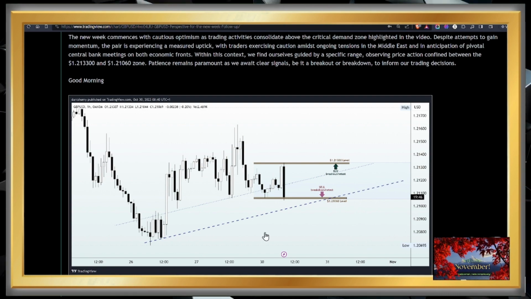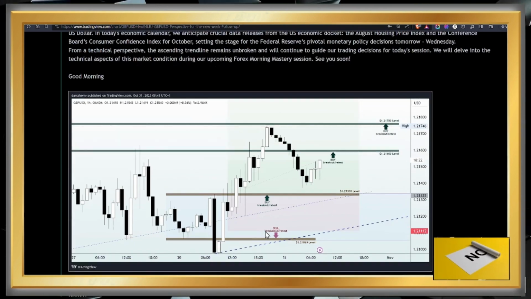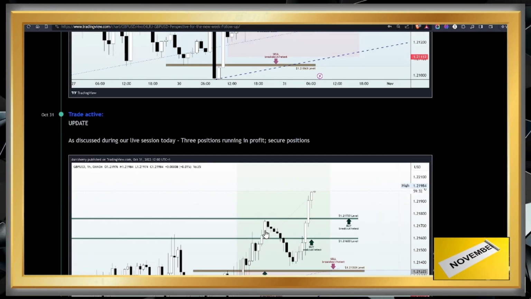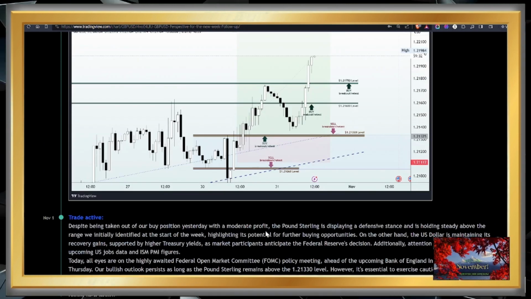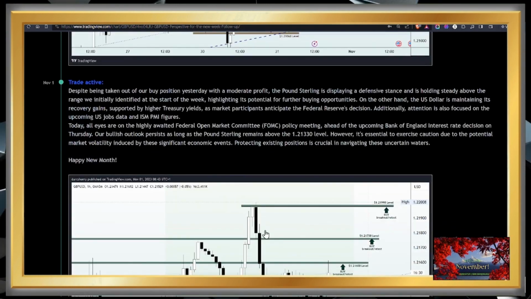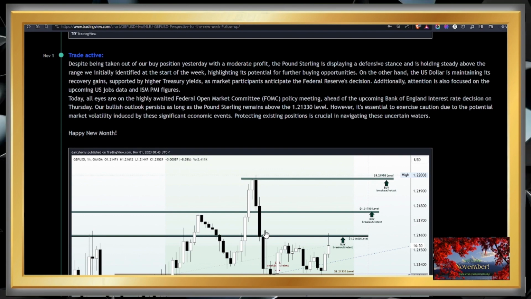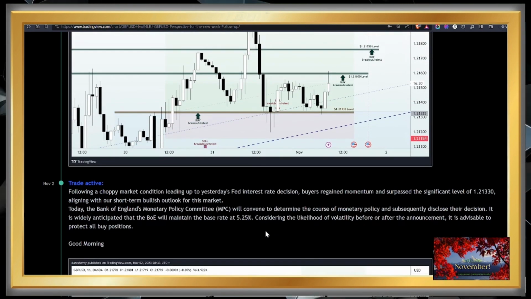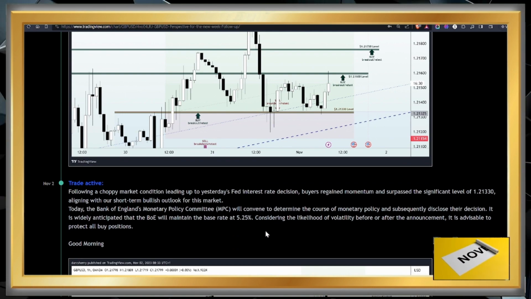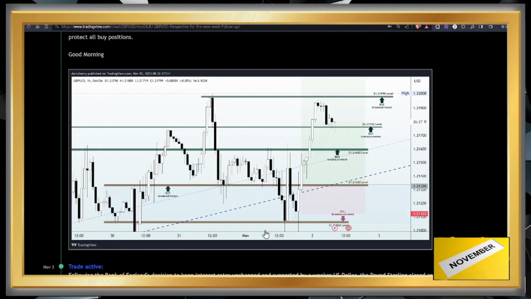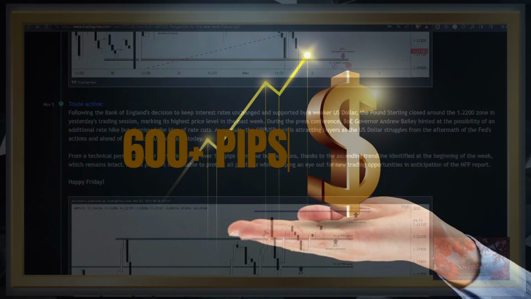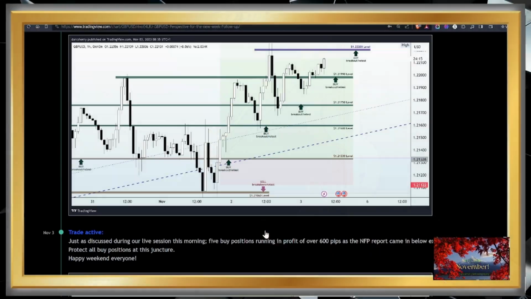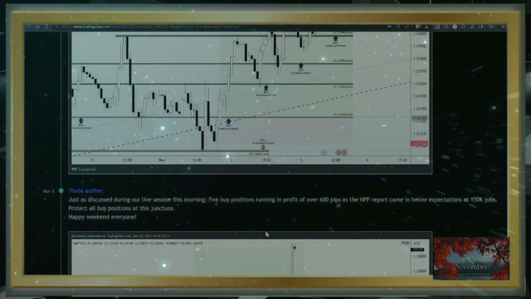Last week, despite multiple attempts by sellers to push the price south, we maintained our composure and held on to our bullish buyers for the first 4 days of the week. Finally, on the last trading day, we saw a surge in bullish traction, resulting in over 600 pips from multiple entries. Congrats to everyone who are part of this profitable journey.